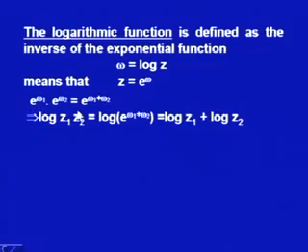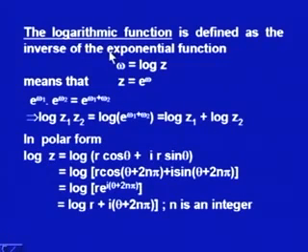From here, if we multiply e^(w1) and e^(w2), then it will be equal to e^(w1+w2). You can check, this is nothing but z1 z2. If we take the log of this, then log(z1 z2) is equal to log of e^(w1+w2). We can simplify it and it comes out to be log z1 + log z2.